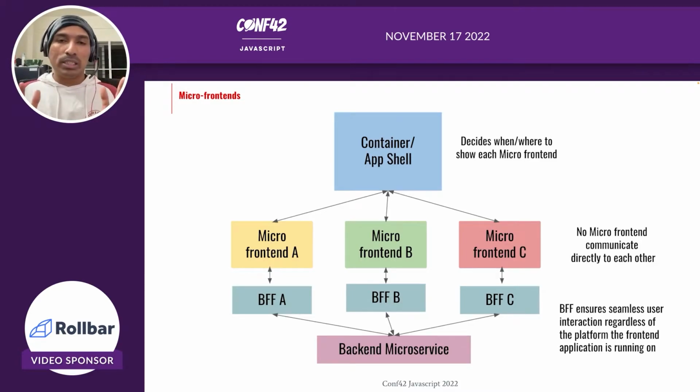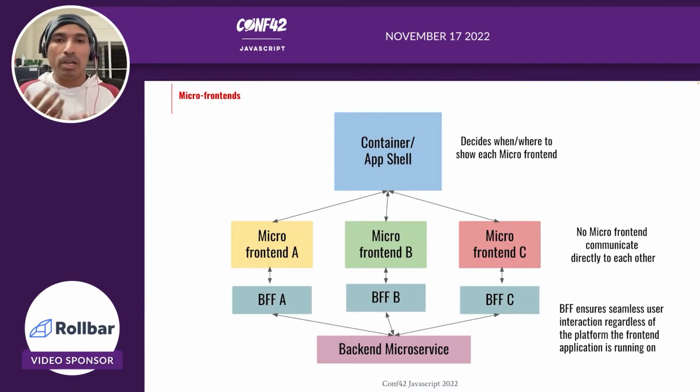So if you closely look at this diagram, each micro frontend is connected to its own BFF, and that BFF connects to the microservice. So there is no direct communication from the micro frontend to the backend. All the communication happens via the BFF, and this BFF is responsible for handling the request and response.